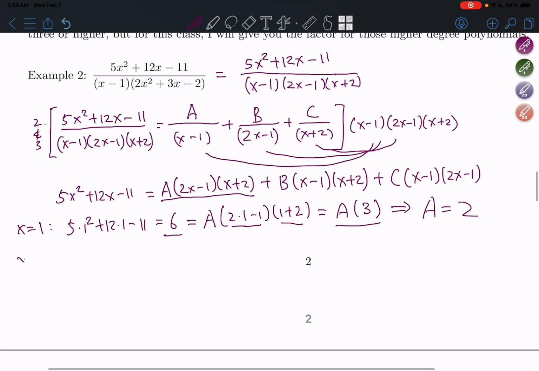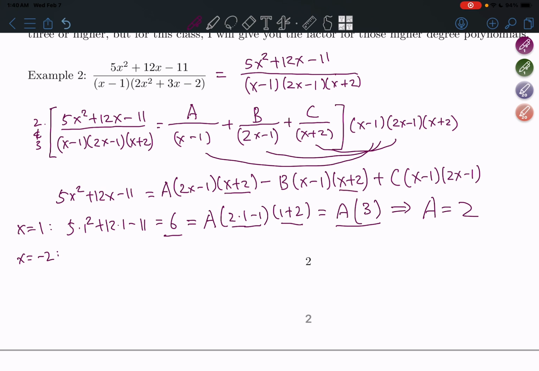So another one, x equals negative 2, right? Why do I plug in negative 2? Because I will cancel out with this term and that term, right? Let's erase some of these. So this will cancel out with this term and that term.